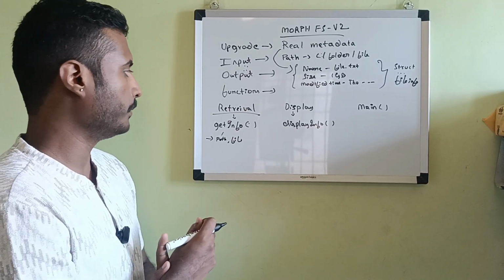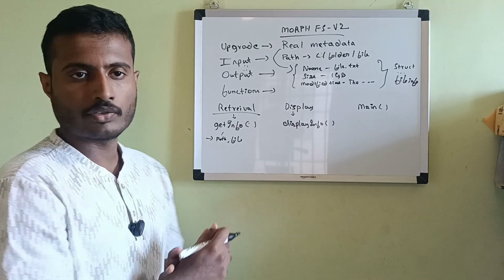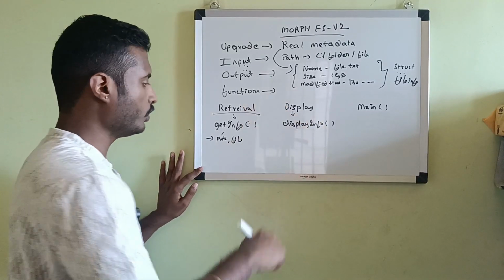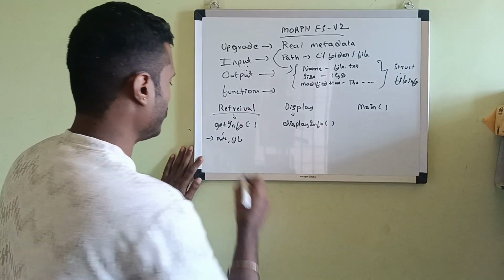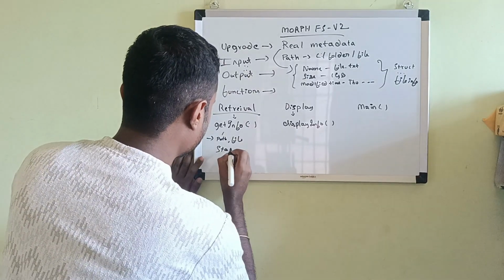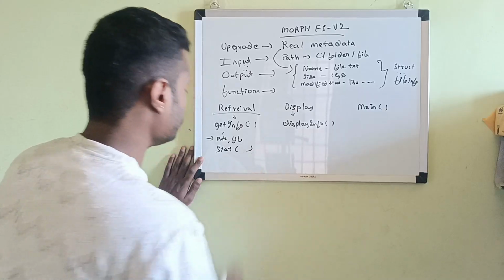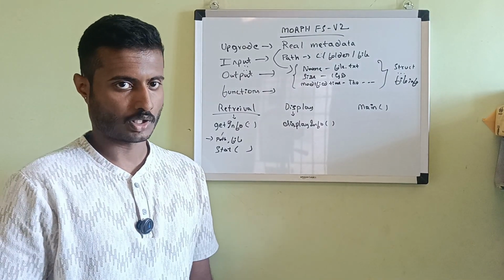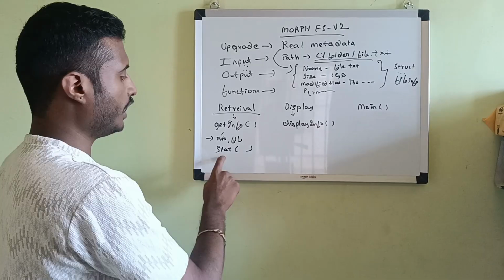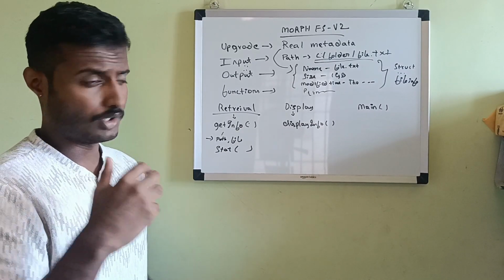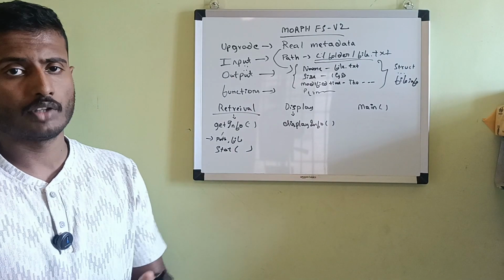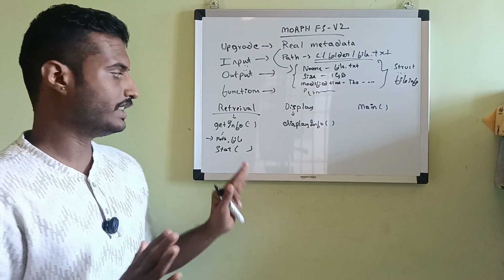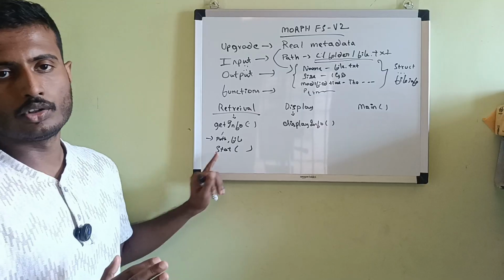So how do we build it? Because the computer by default doesn't have that capability. So we use another inbuilt function called stat, S-T-A-T. This is a function that will help us with communicating with the OS and retrieving the information. This is the connection part to the OS.